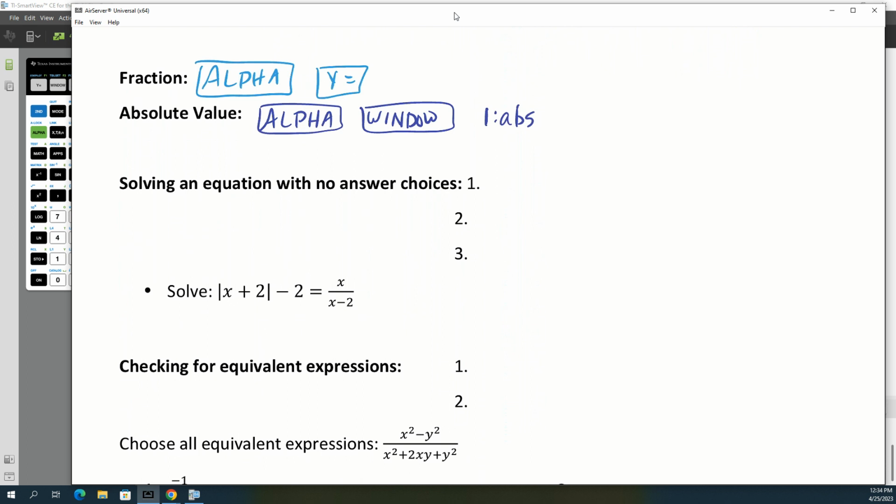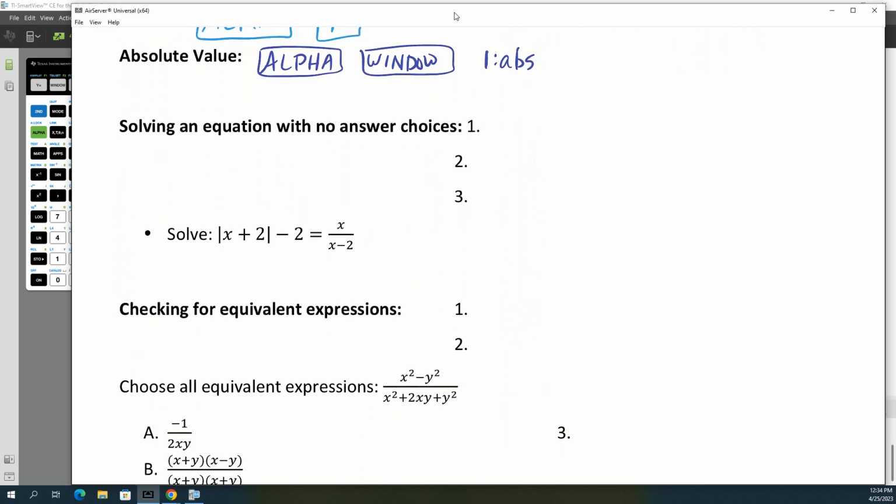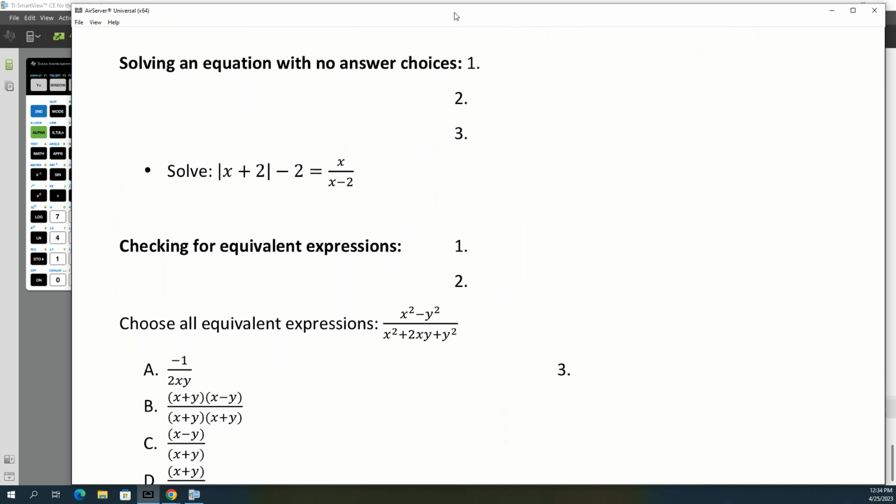All right, now a good portion of your test is going to be multiple choice, but there's probably also going to be answers that you have to type in. And so if you're solving an equation like this one that is pretty tough, like it's all over the place, and you don't have answer choices to try, you can still do it if you don't know how to solve it.